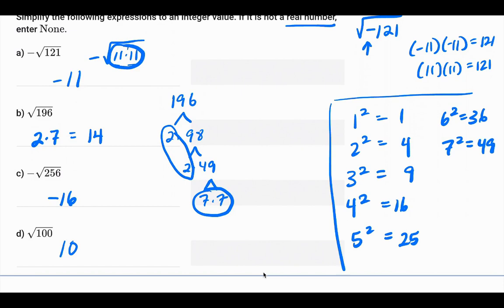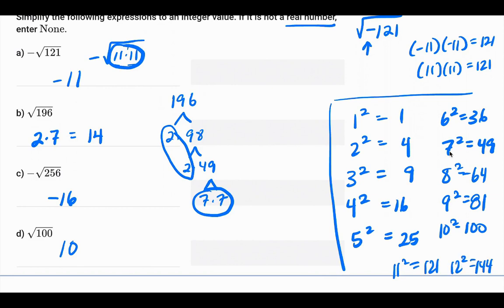And if you don't know these off the top of your head, multiply them, use your calculator. What is 6 squared? What is 7 squared? 8 squared, 9 squared is 81, 10 squared is 100, 11 squared equals 121, 12 squared equals 144. Usually you're going to be okay if you know 1 through 12 squared.